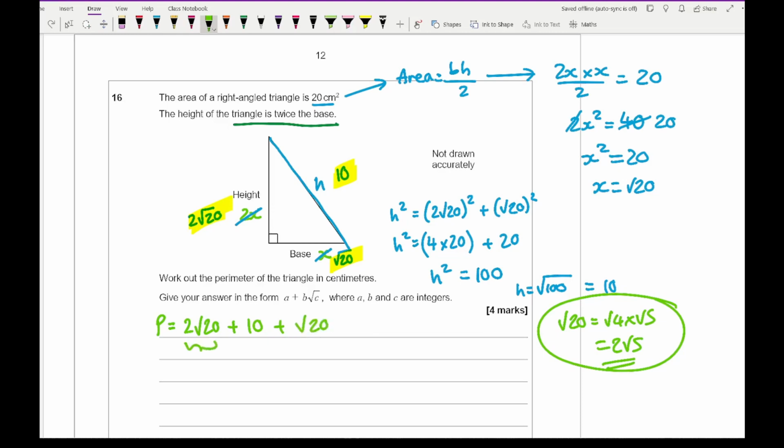Now using that root 20 equals 2 root 5, this is going to be 2 lots of 2 root 5, which is 4 root 5, plus 10 plus, and this is also 2 root 5.